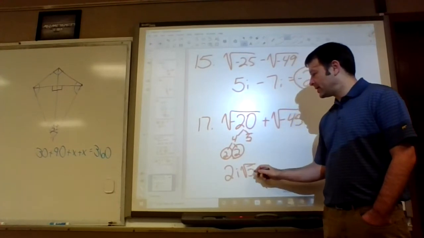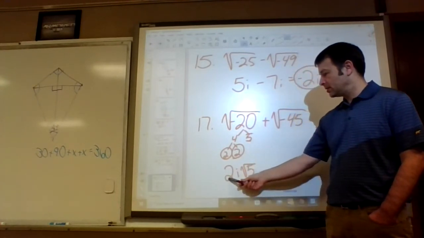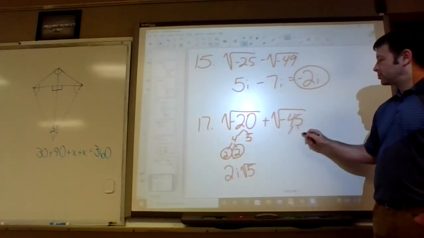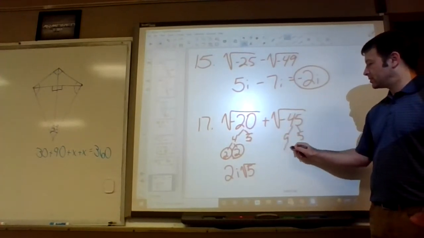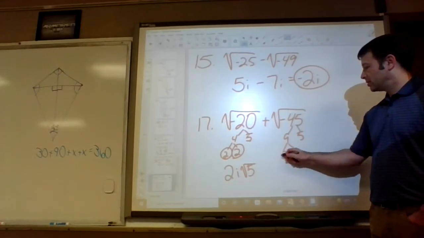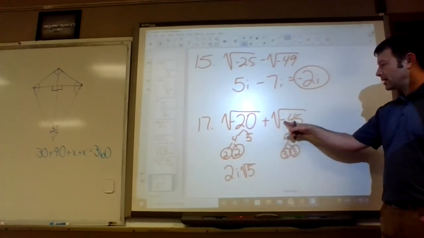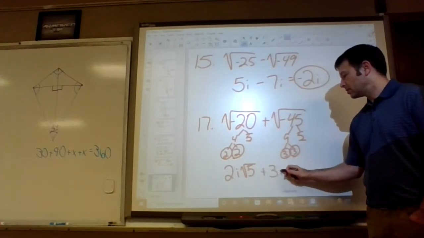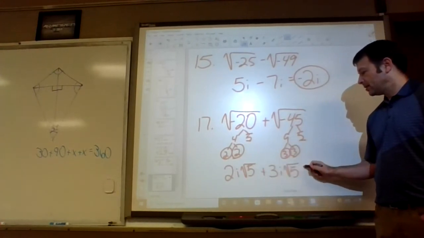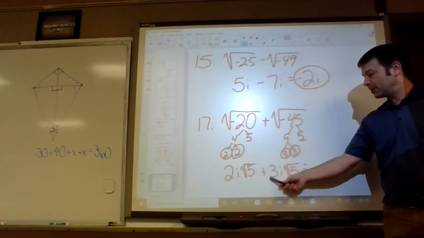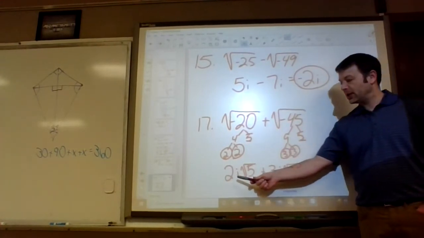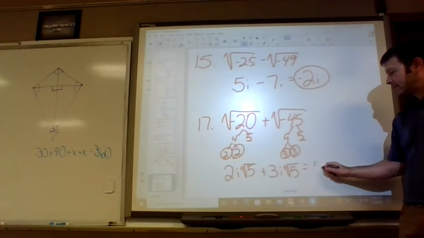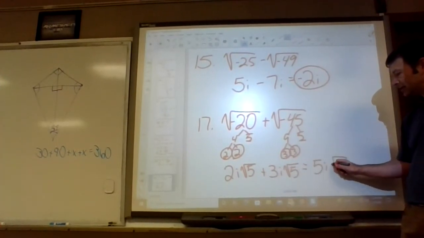We usually put the i right between the number and the square root. And then same thing on this one, that's 9 times 5, so it's 3i square root of 5. Okay, and because they're both i square root of 5s, they are like terms, so we can add them together. 2 of those plus 3 of those equals 5 of those.